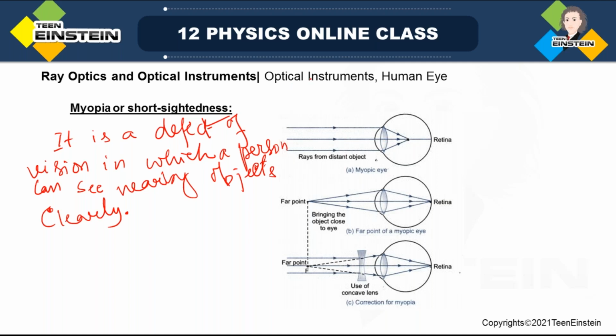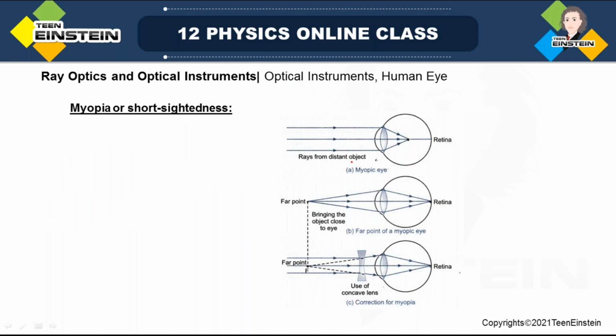So you can see this, a myopic person can see... this is a normal eye. Let me first tell you how we see any object. As I discussed, we have a lens in our eye, so you can see from this figure.